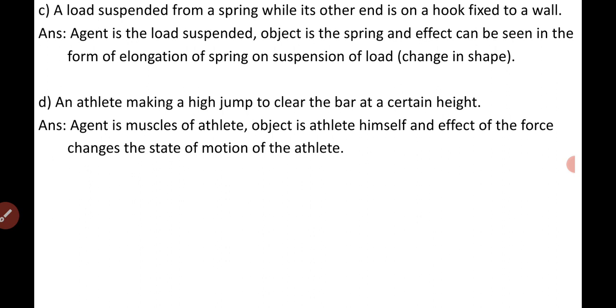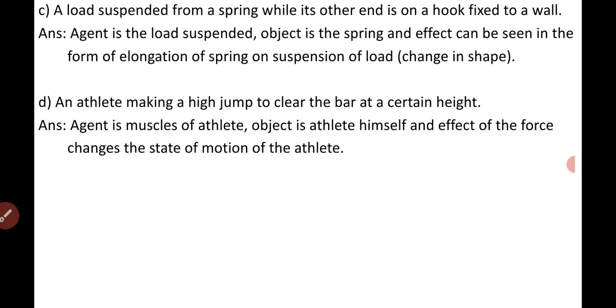Next, last, that is D. An athlete making a high jump to clear the bar at a certain height. Here the agent is the muscles of the athlete. Using the muscles of the athlete only, the athlete can jump, right?